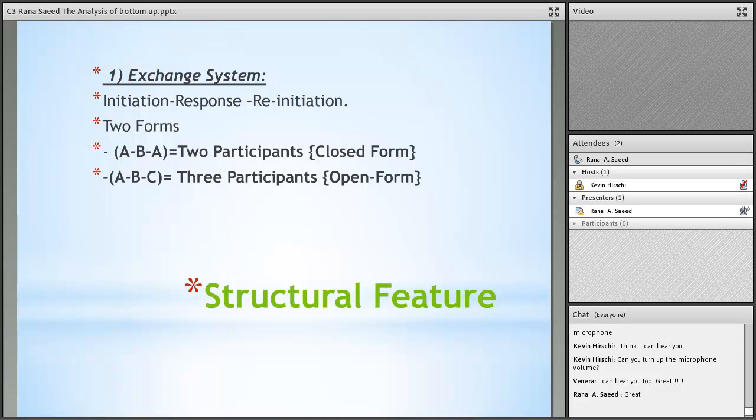After the analysis of the data, we found that the exchange system in the data falls mainly under two types. The first type is the closed form, and the second type is the open form. Now, the closed form usually appears whenever two participants are taking the turn.